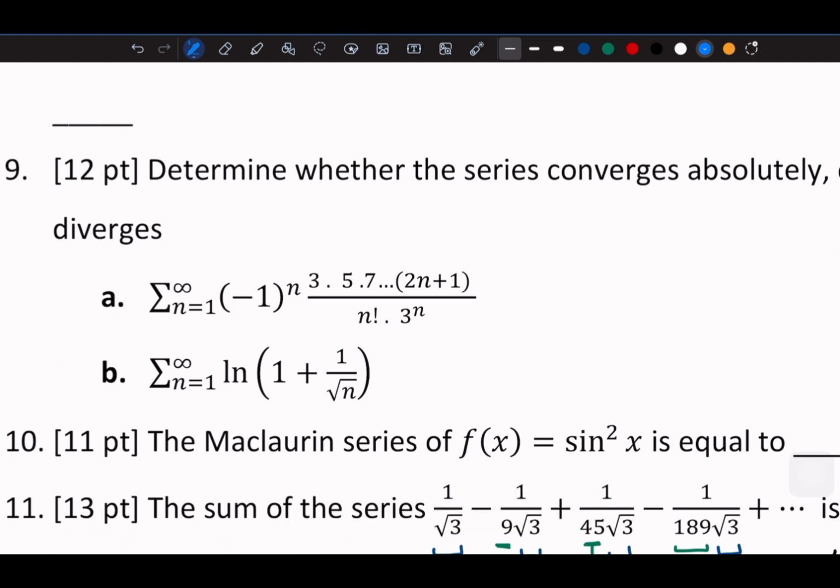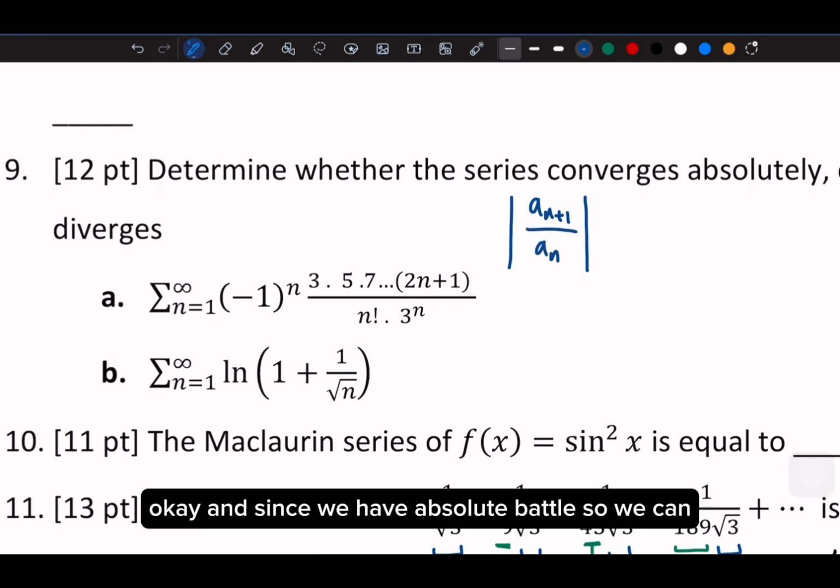Okay. So we take here, taking the an plus 1, okay, and since we have absolute value, we can remove the negative 1 first for our ratio test.